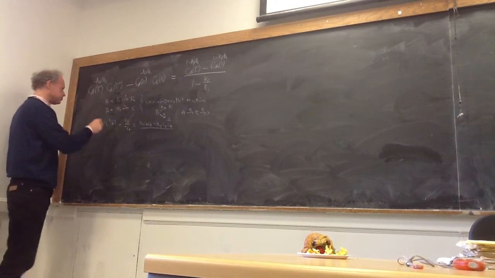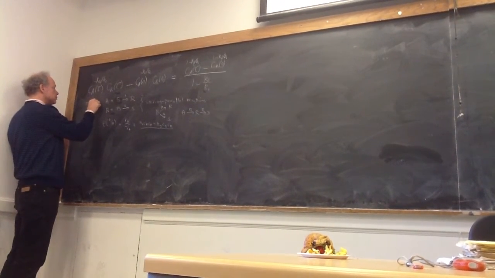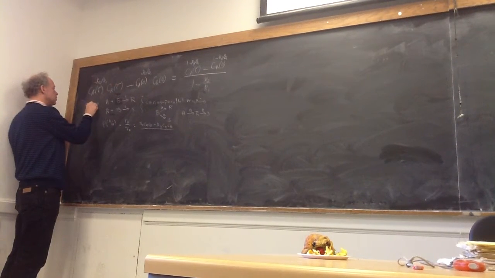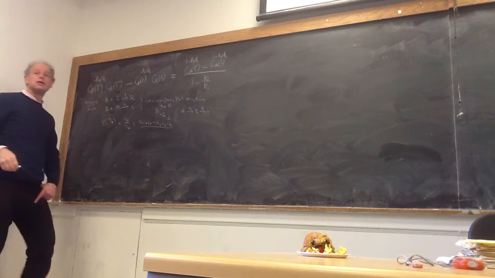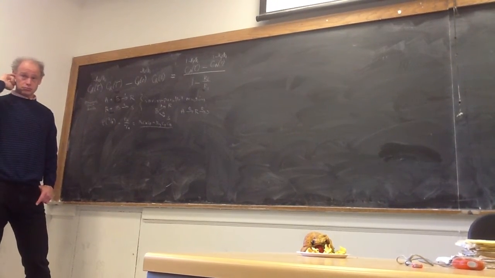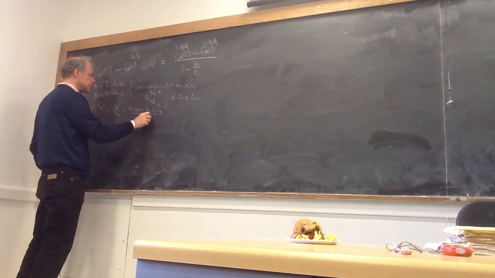And this is, of course, we're assuming constant density. And K1 CA CB.